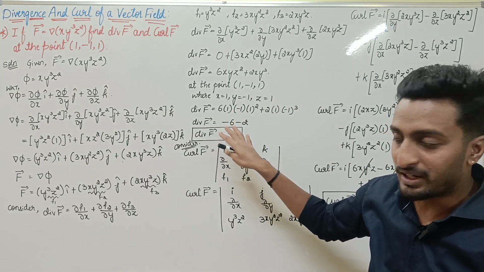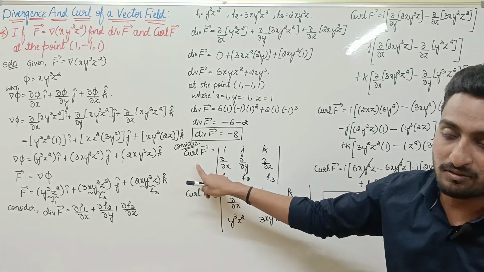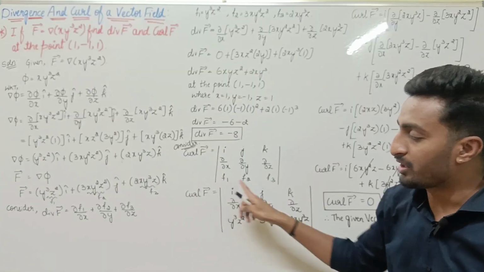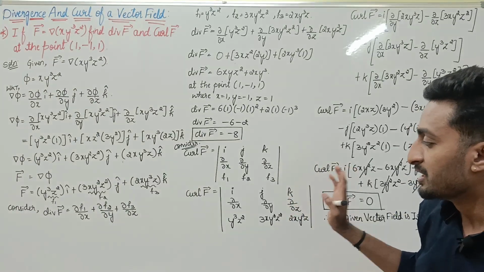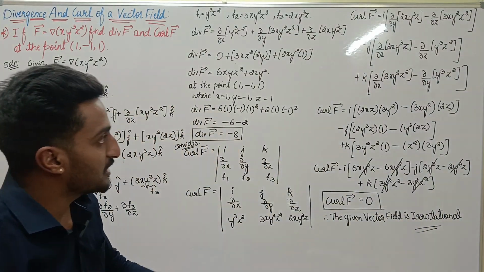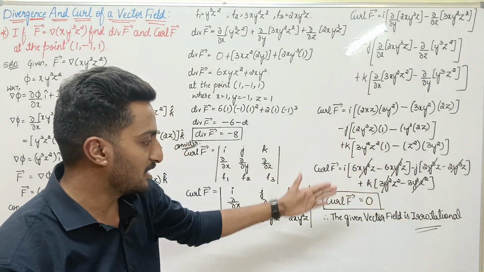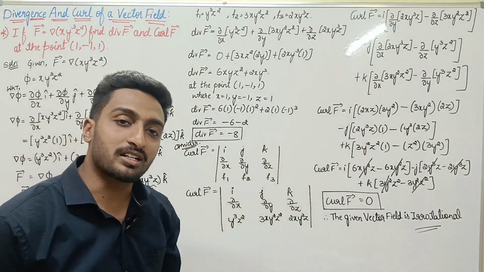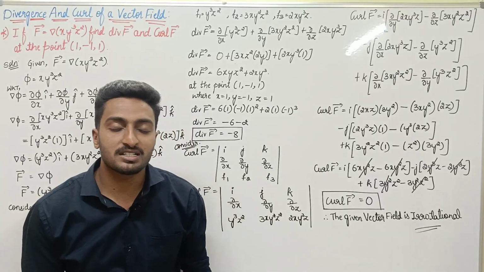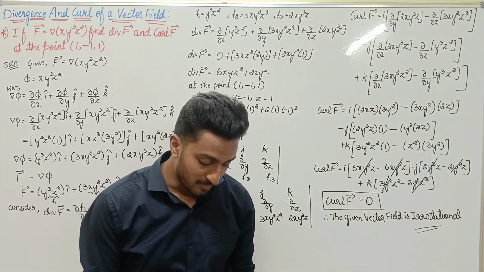With this, divergence of vector f is complete. Next, curl of vector f. This is the standard formula for representing curl of vector f. Just a determinant expansion, simplify, values get cancelled, and curl of vector f will be equal to 0. If curl of vector f is equal to 0, then we call the given vector field irrotational.